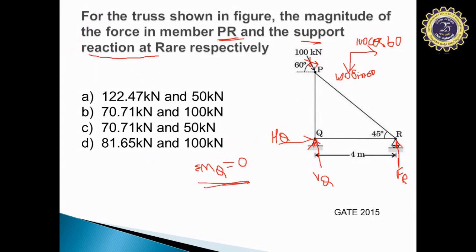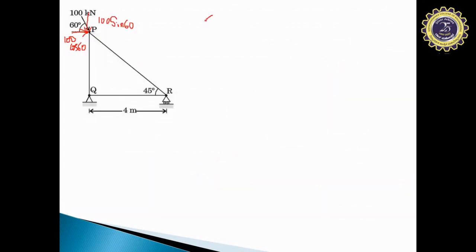Now we need to apply sigma M_Q equal to 0. So let us apply sigma M_Q equal to 0. As we said before, only this force will come into the picture as the unknown force, and the forces that are coming onto Q will be nullified because there is no perpendicular distance. So let us go one by one. We are taking moment at Q. Keep your left finger on Q and look at this force 100 sin 60.